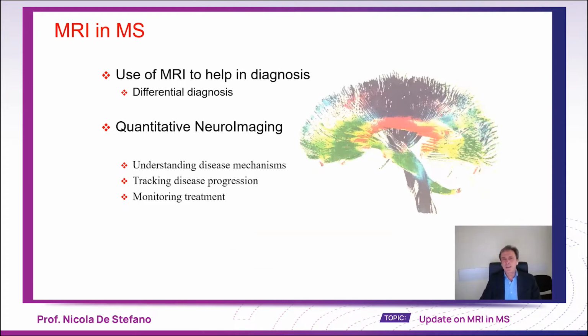We use MRI to help in diagnosis and eventually to have a good differential diagnosis. There is anyway the possibility to use some more advanced techniques that could give us neuroimaging biomarkers that could be very useful in understanding the disease mechanism in MS, for example, but also in other neurological disorders, tracking disease progression and monitoring treatment.